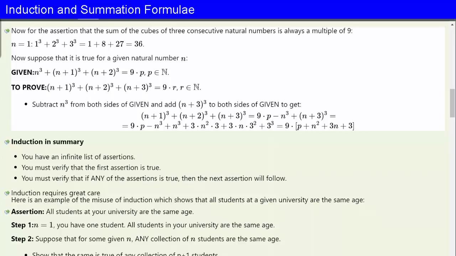If you've forgotten how to expand n plus 3 cubed, you can review it, but what you get is n cubed plus 3 times n squared times 3 plus 3 times n times 3 squared plus 3 cubed. So you replace the quantity n plus 3 cubed by that, and then you clean up the whole mess, and you end up with a multiple of 9, namely 9 times p plus n squared plus 3n plus 3. Definitely a multiple of 9.